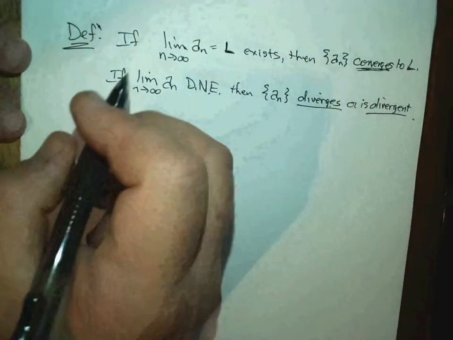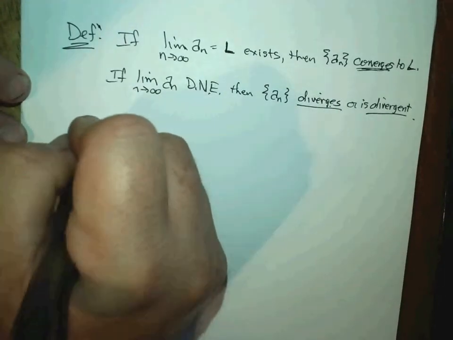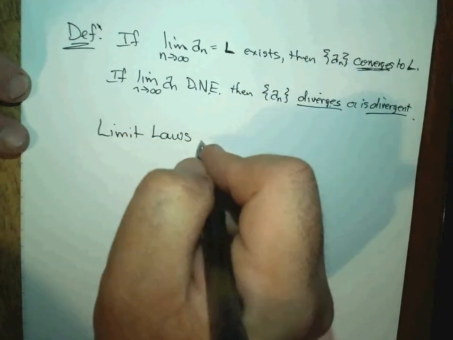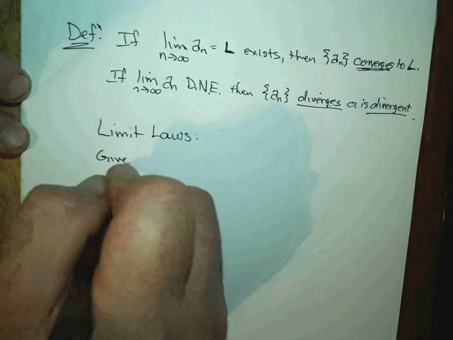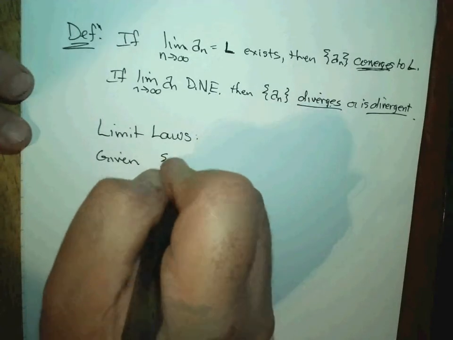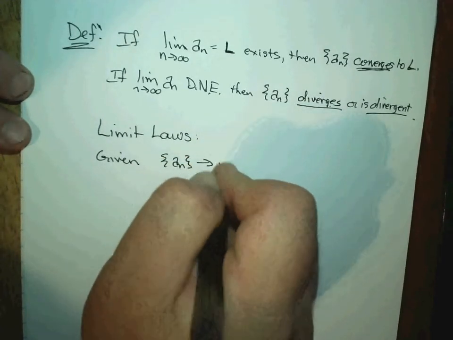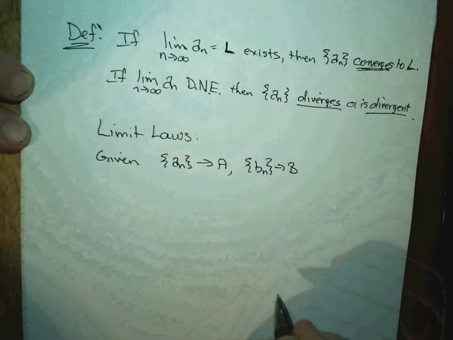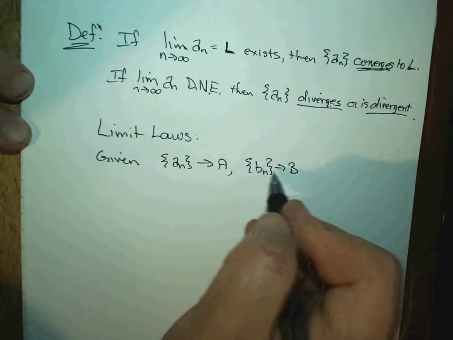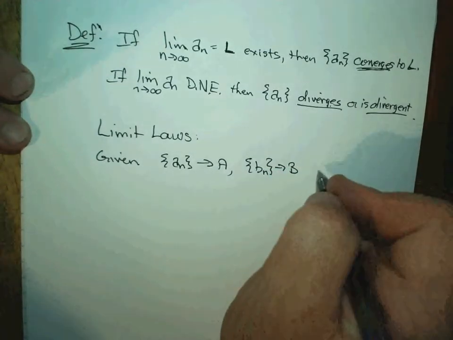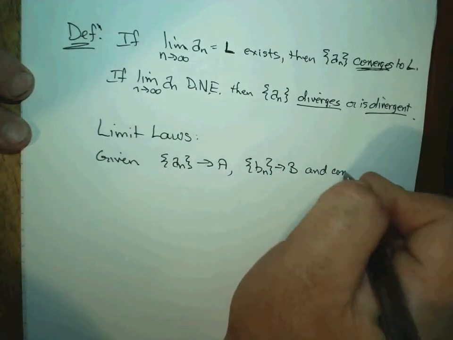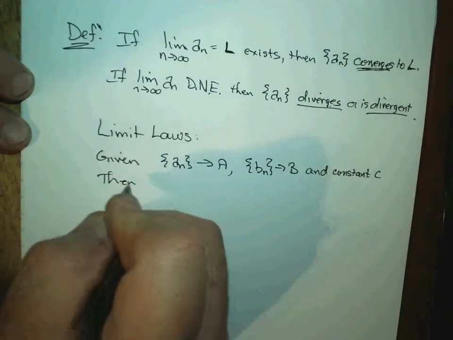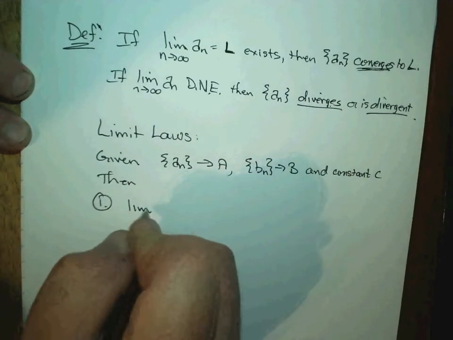Okay? Now, just a little reminder about the limit laws. So, if you're given that the sequence a sub n converges to A, and the sequence B sub n converges to the value of B. That means the limit of A sub n is A, and the limit of B sub n is B as n goes to infinity. And constant value called C. Then you know the following.